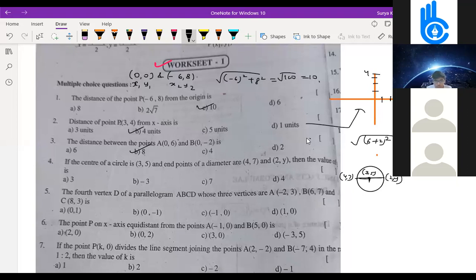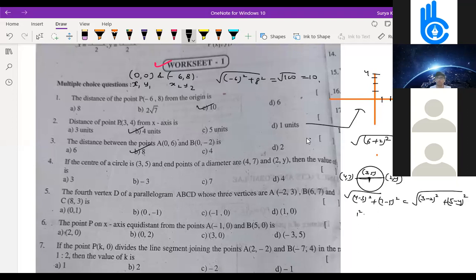It means you can write root over (4 minus 3) whole square plus (7 minus 5) whole square is equal to root over (3 minus 2) whole square plus (5 minus y) whole square.